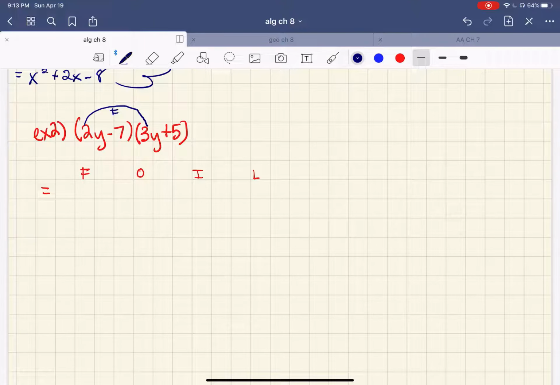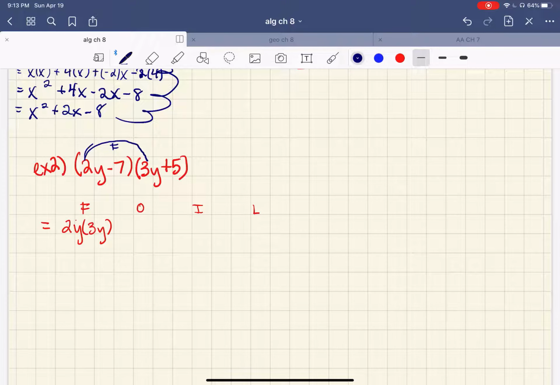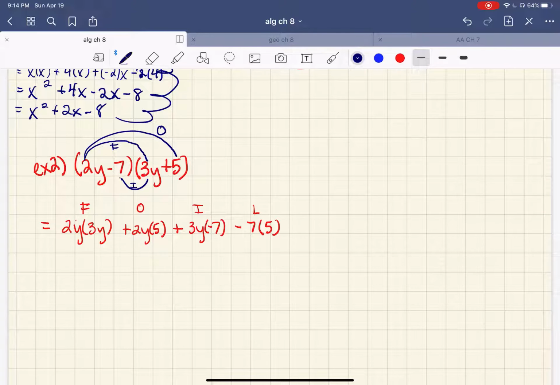First, outer, inner, and last. Oops, I forgot to draw that one.